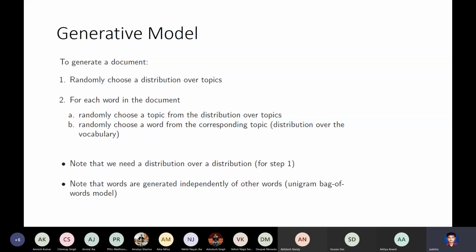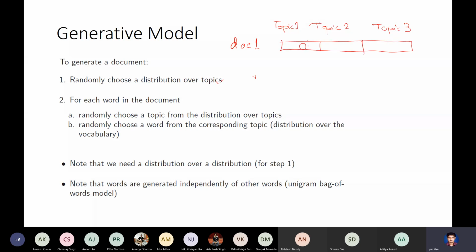Yeah, so if this is my doc1, and suppose I have topic 1, topic 2, topic 3. Let's say I have only 3 topics. So every document would have a topic proportion.